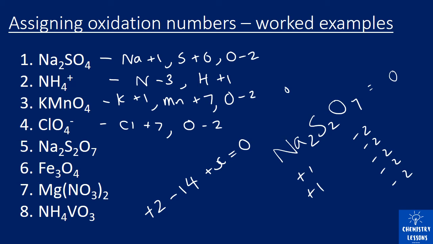Therefore, X here is 12, but be careful, there's 2 sulfurs, so it must be +6 and +6. So that it isn't +12, it's +6 because there's 2 of them. So here my oxidation states: sodium is +1, sulfur is +6, oxygen -2.